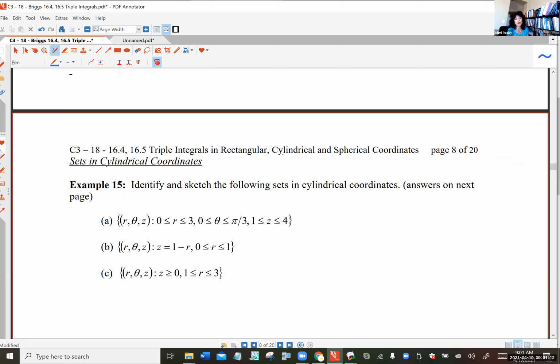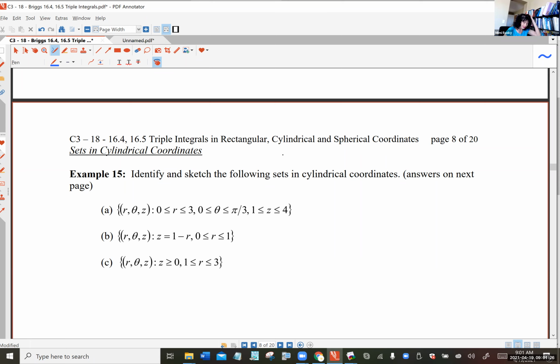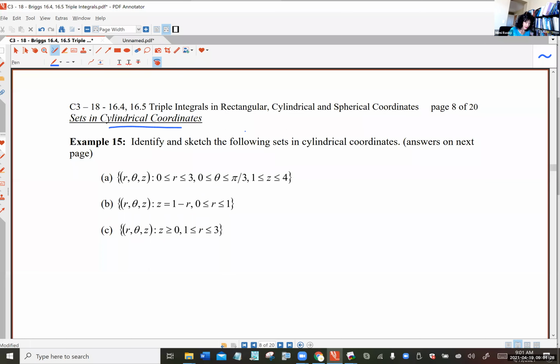It's similar in that when you convert to polar, when you're doing a double integral, it only makes sense for regions that are polar sectors, like circles, parts of circles, pizza slices, those kind of things. Similarly, for cylindrical, the sets that lend themselves really well to converting are this, this, and what the heck is this? I'm just going to do one, and then you look at the answers on the next page for more.